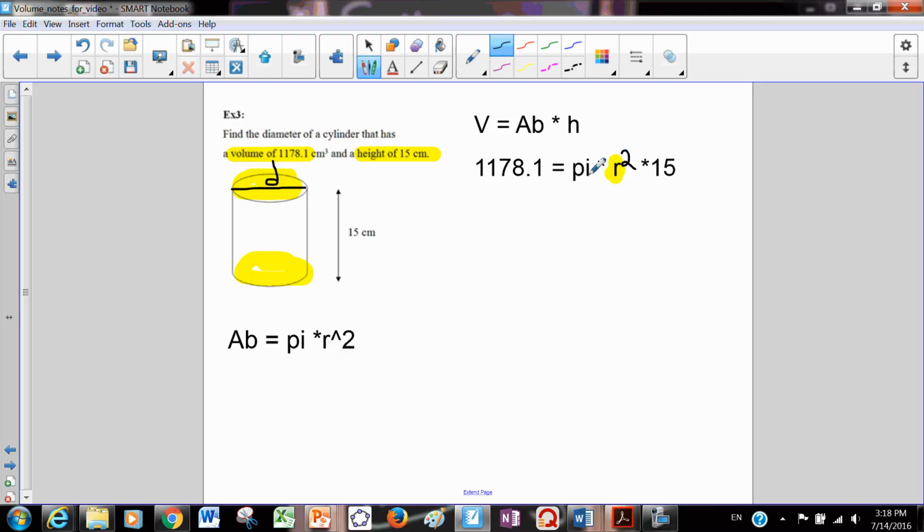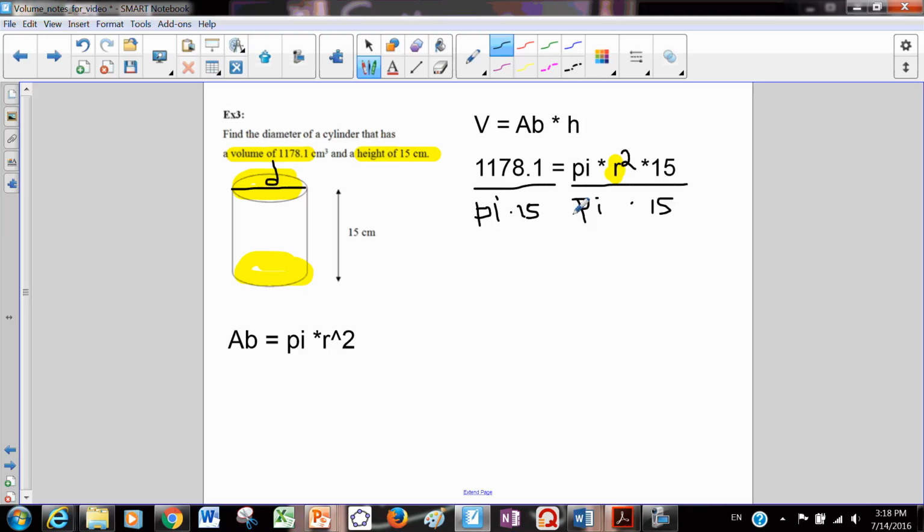This is times pi times 15. So we need to get rid of this. To get rid of multiply, we divide. So we're going to divide by pi, and we're going to divide also by 15. We have to do that on both sides.